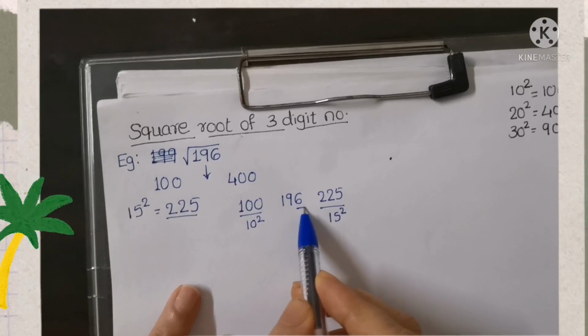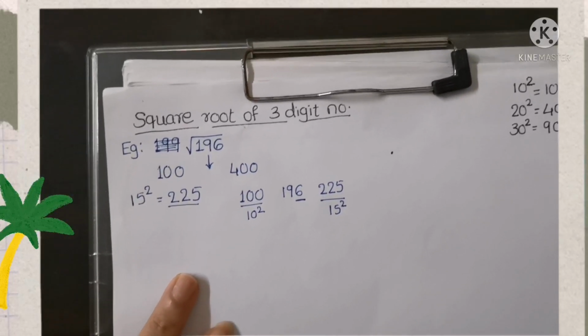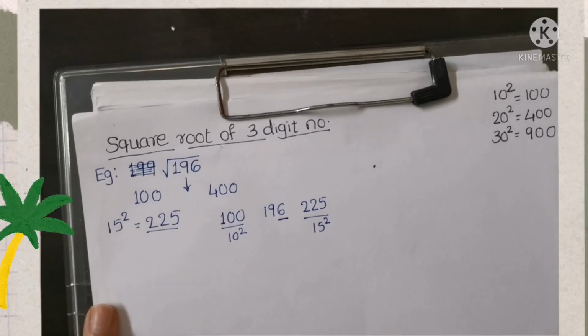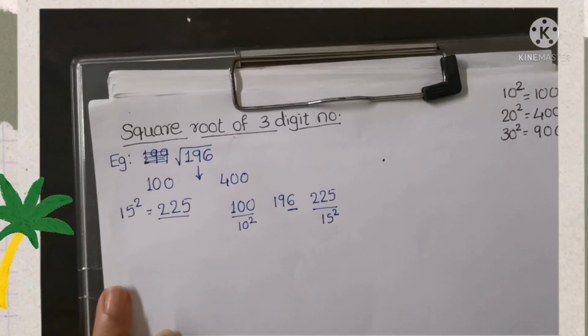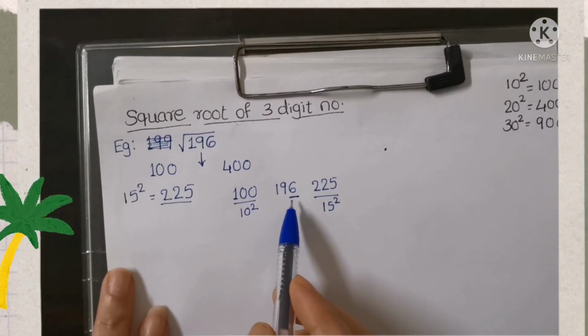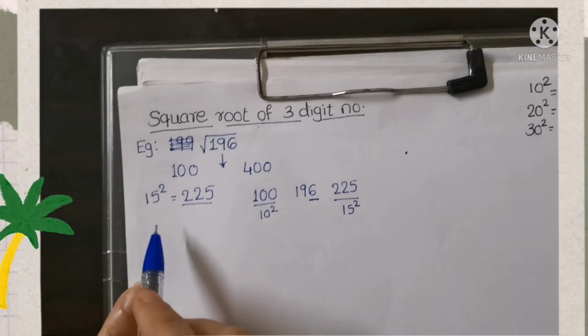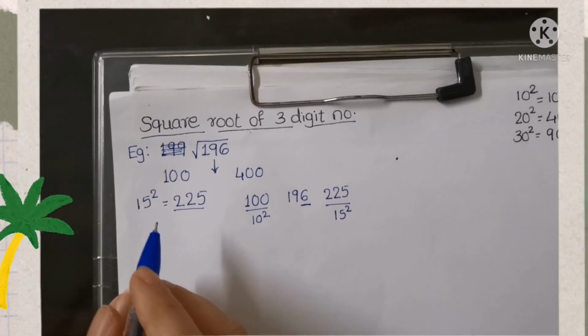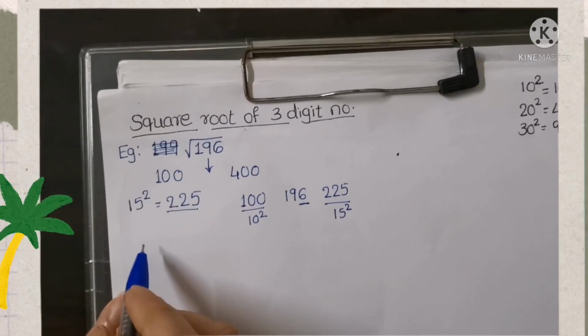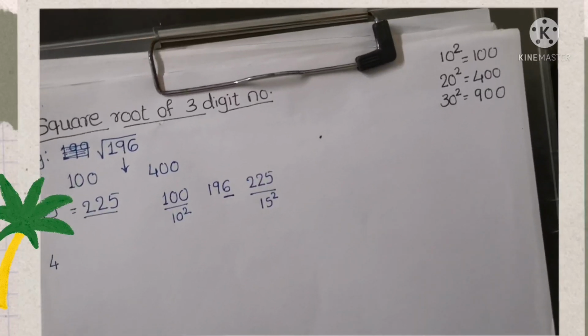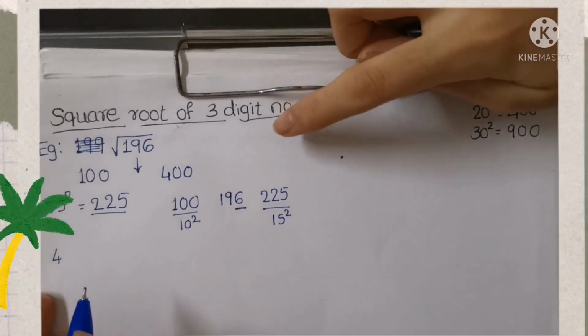So let's move on to our third step. Let's now look at the unit digit of 196. The unit digit of 196 is 6. Now we will find which numbers from 1 to 10 have a square with unit digit 6.